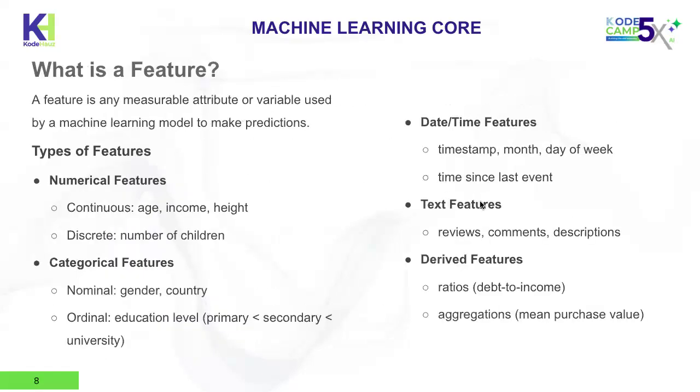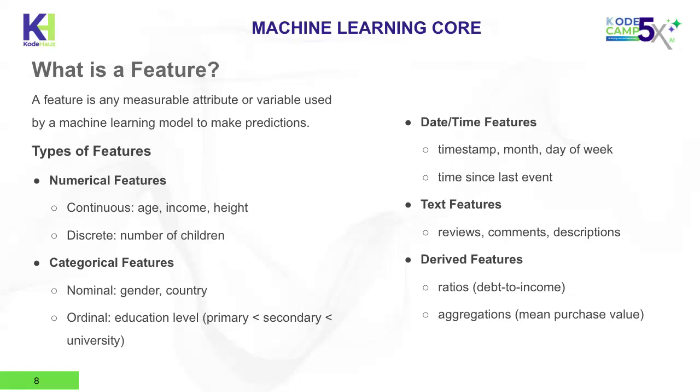So we now move on. What is a feature? A feature is any measurable attribute or variable that you use to train your machine learning model. And that is what the model will use to make predictions. In other words, a feature is an aspect of the data that influences the outcome of your prediction, or what you want to predict.